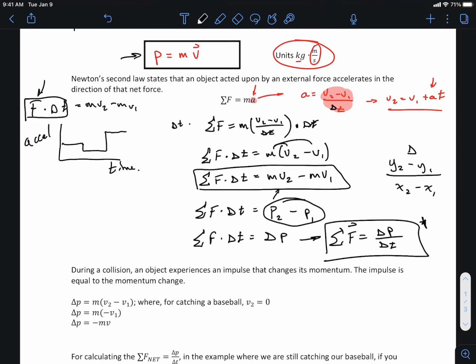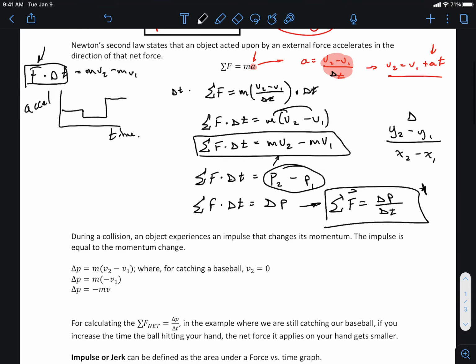This turns out to be what we call impulse. And we denote it as J with a vector, because again, we're getting the vector notation from the velocities. The velocities are going to have vectors.